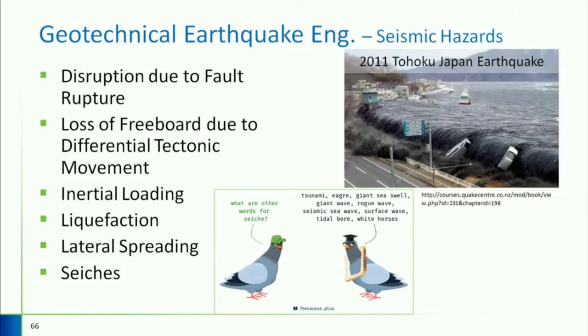Seiches. I kind of mentioned this earlier. That is a large wave that occurs within a closed body. It is basically a tsunami that is in a lake. I'm sure everybody's familiar with the tsunami ever since the Tohoku, Japan earthquake.